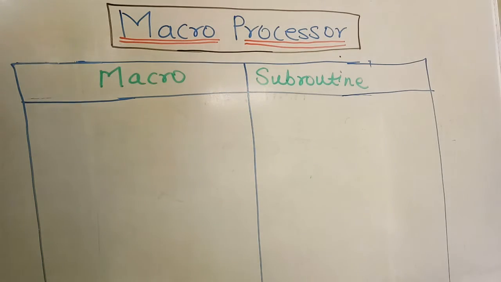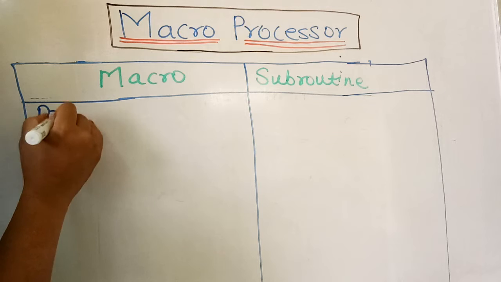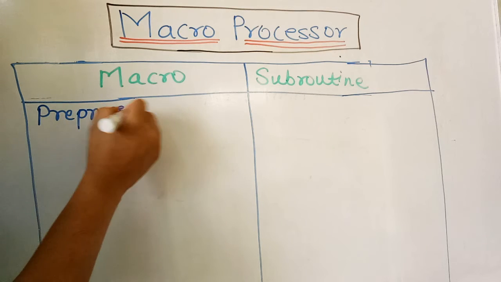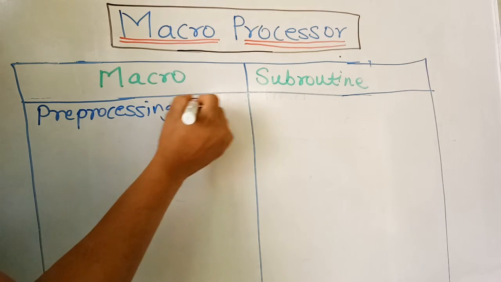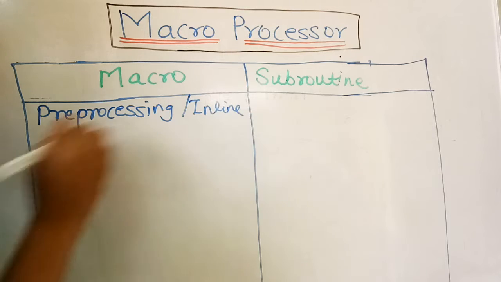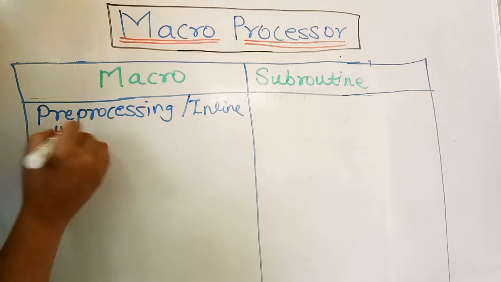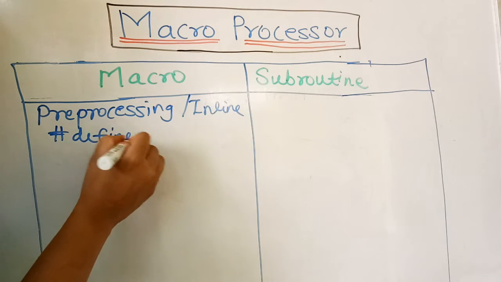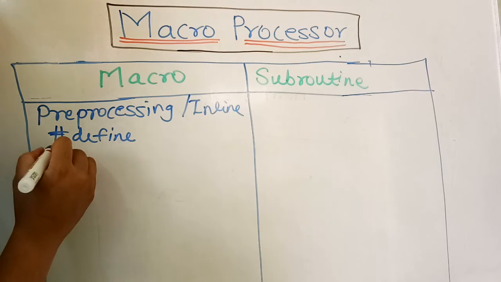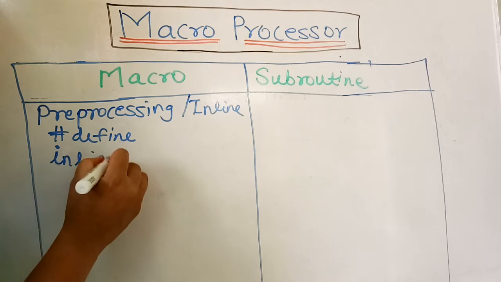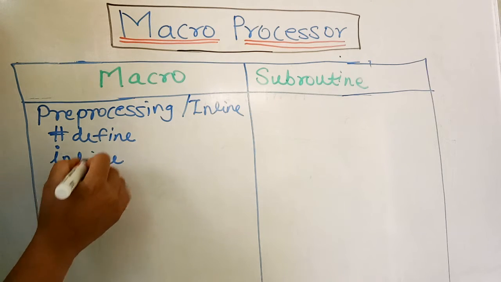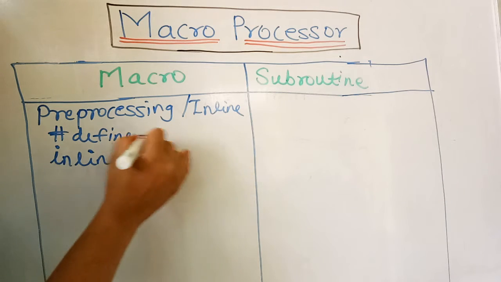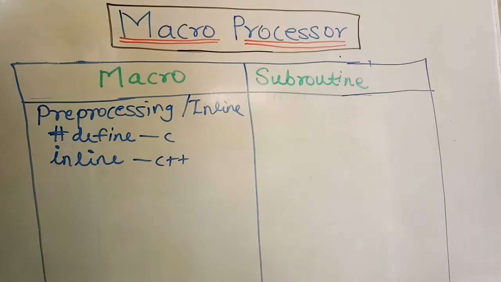A macro is called a pre-processing statement or pre-processing function or an inline function. It is known as a pre-processing or inline function because in the C language we use hash define, and in CPP programming we use the inline statement.